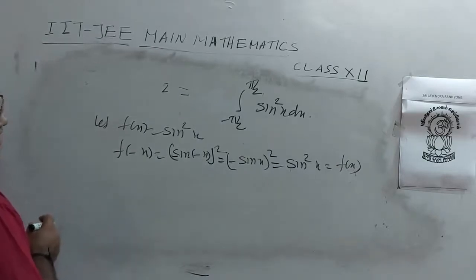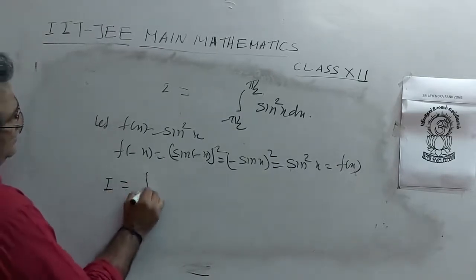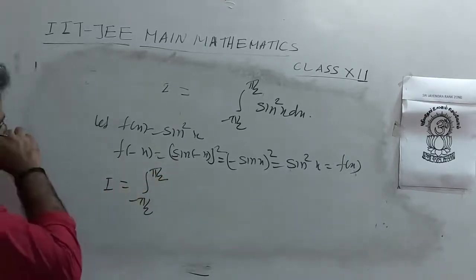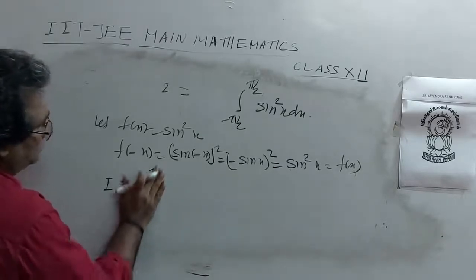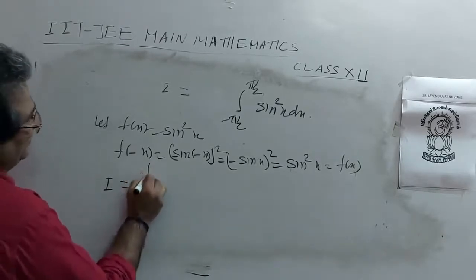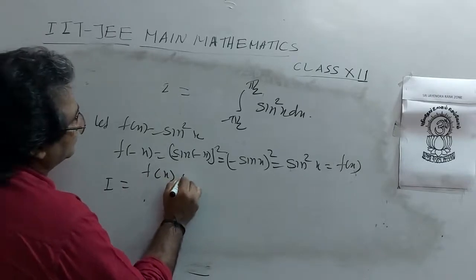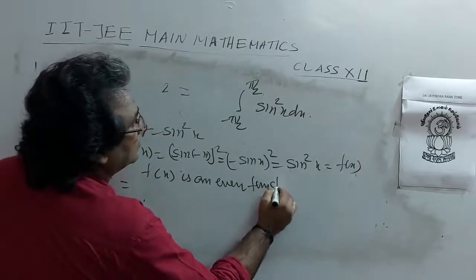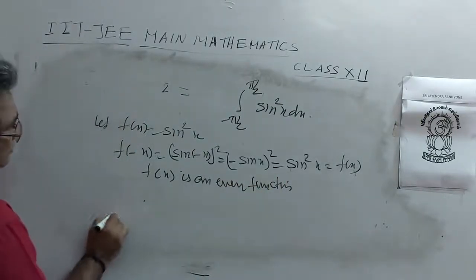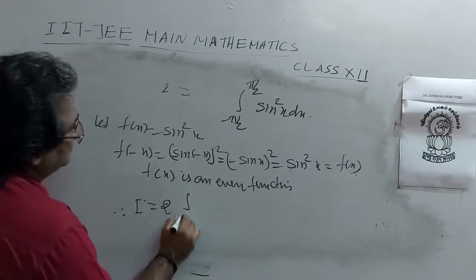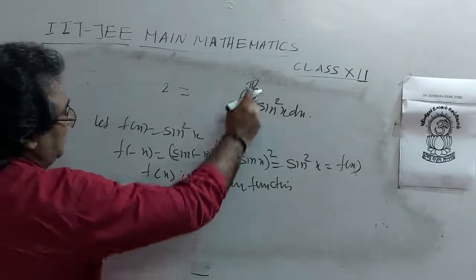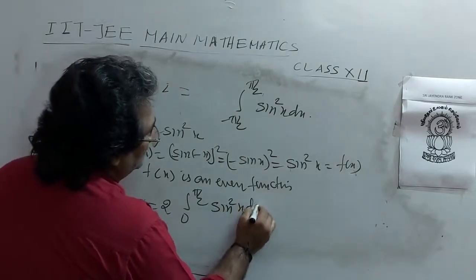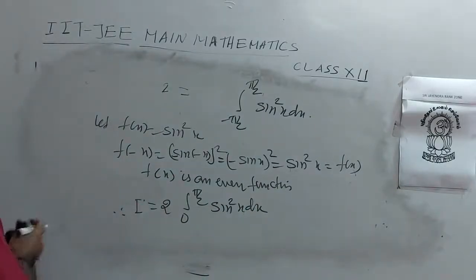So f of minus x equals f of x, it's an even function. Therefore I equals 2 into, instead of minus pi by 2 to pi by 2, you can write twice integral 0 to pi by 2 sin squared x dx.